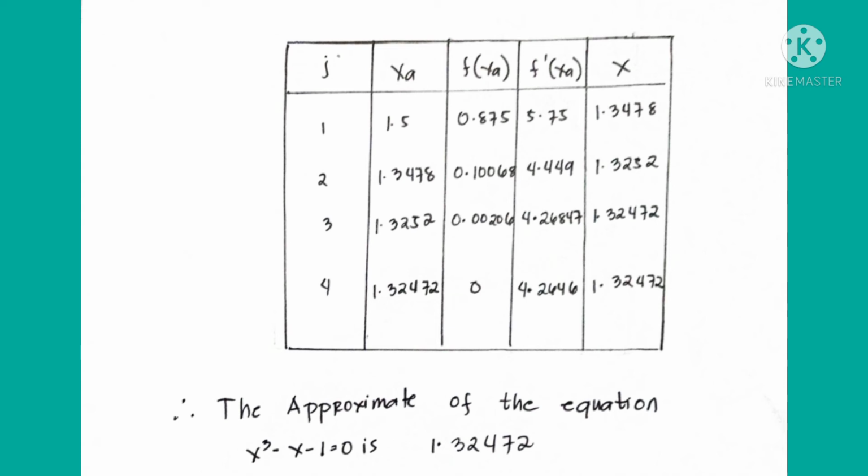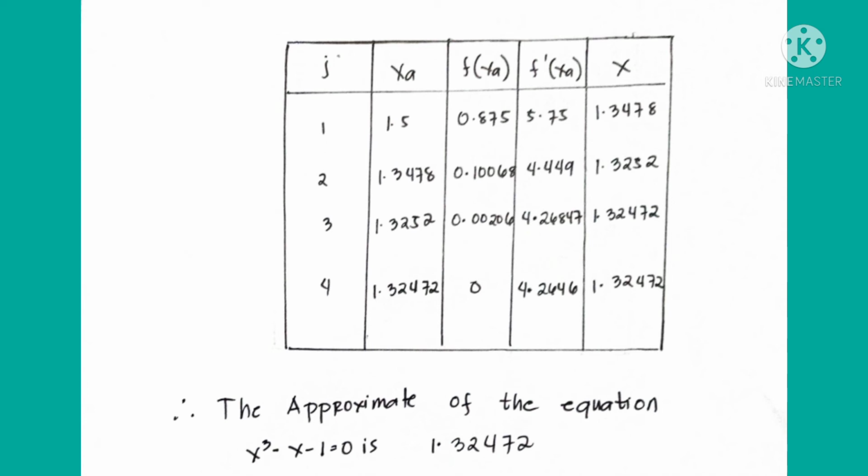And our new x is 1.3478 after applying the formula. So the new x will become the new xa, which is 1.3478 for the second iteration, and the f of xa is 0.10068 and the derivative of f of xa is 4.449 and the new x is 1.3252.